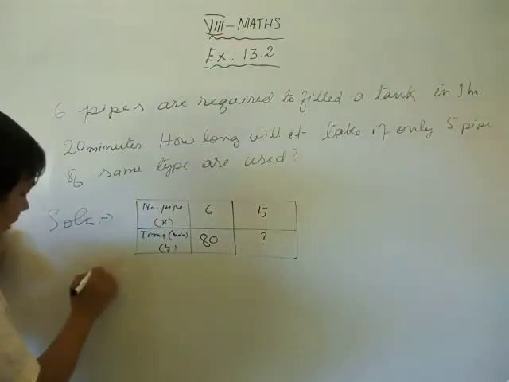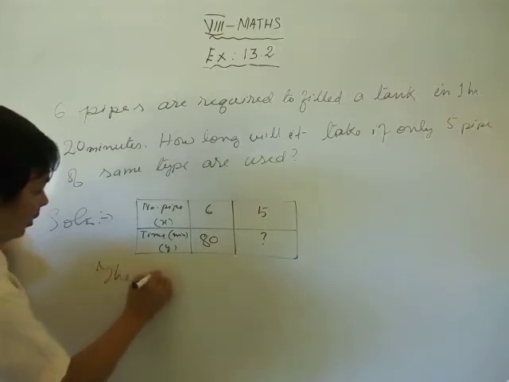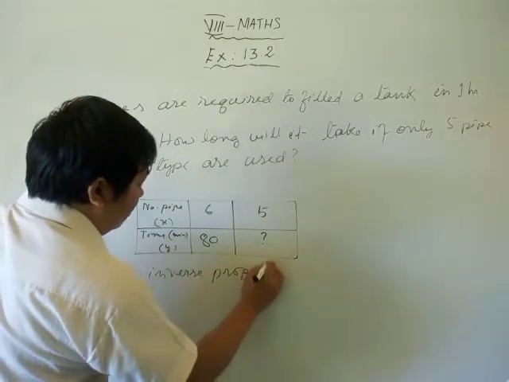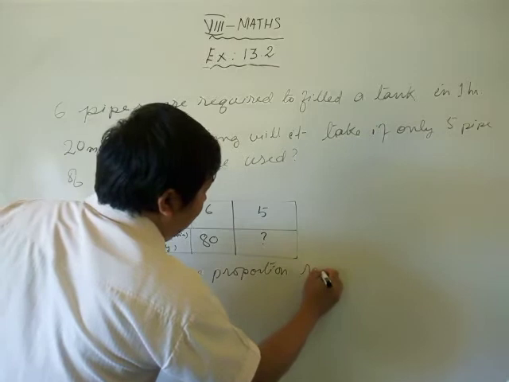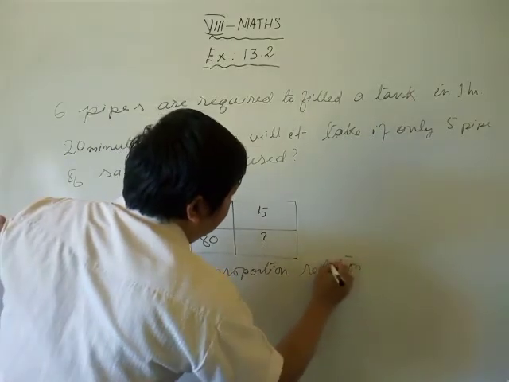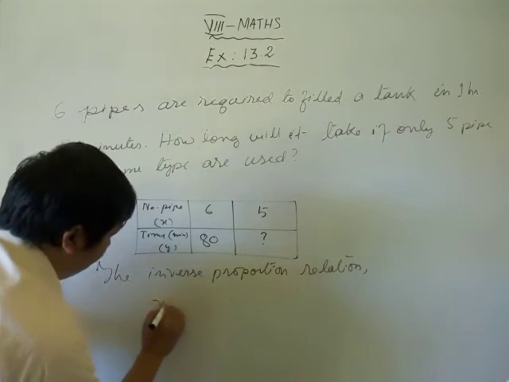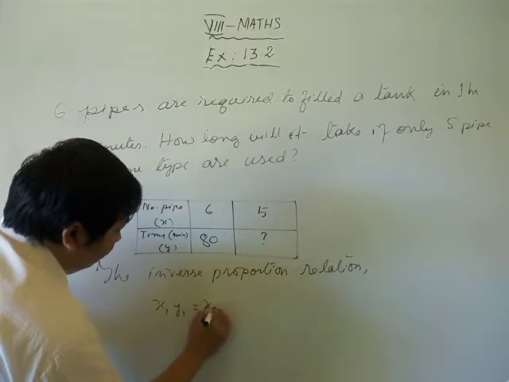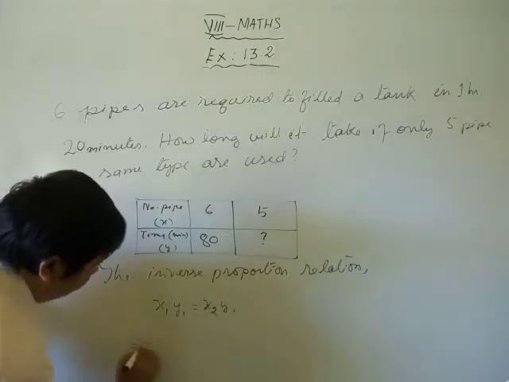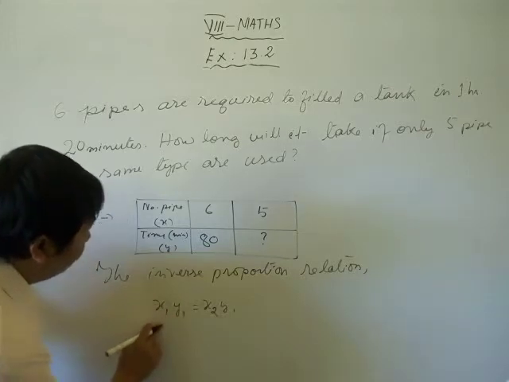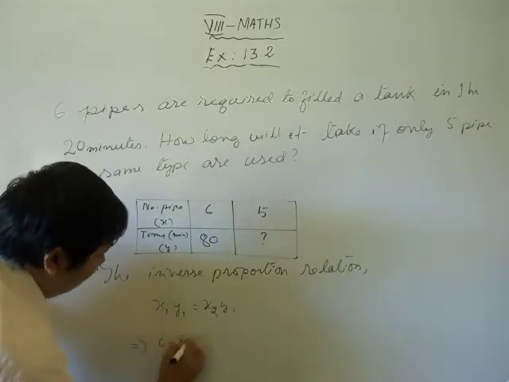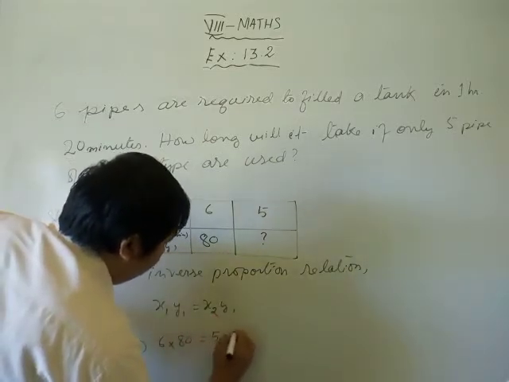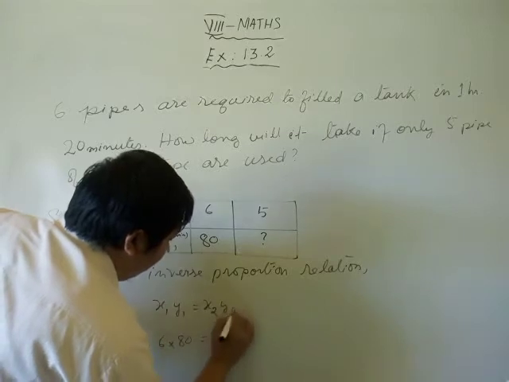We have the inverse proportion relation, which says that x1 y1 is equal to x2 y2, isn't it? This implies that x1 is 6, so 6 into 80 equals x2, which is 5, into y2.